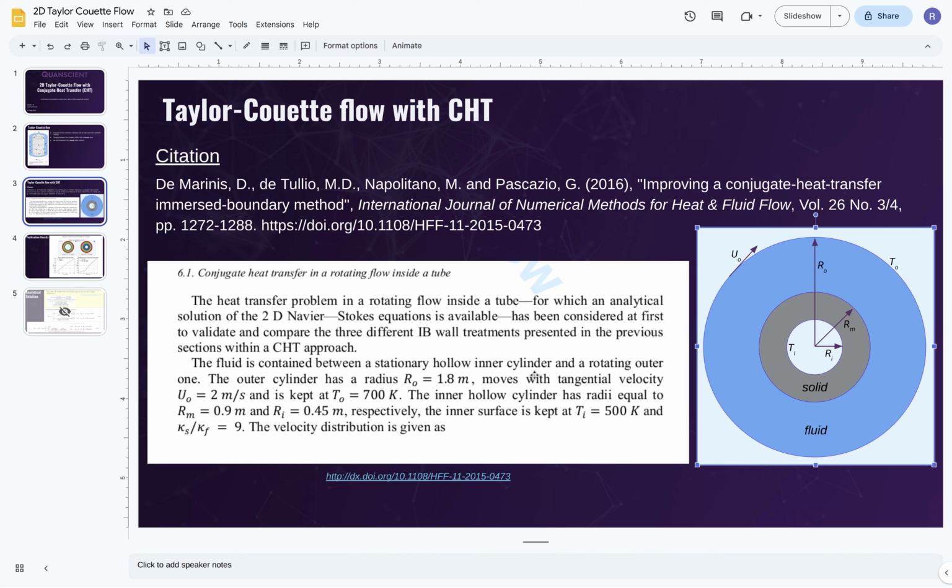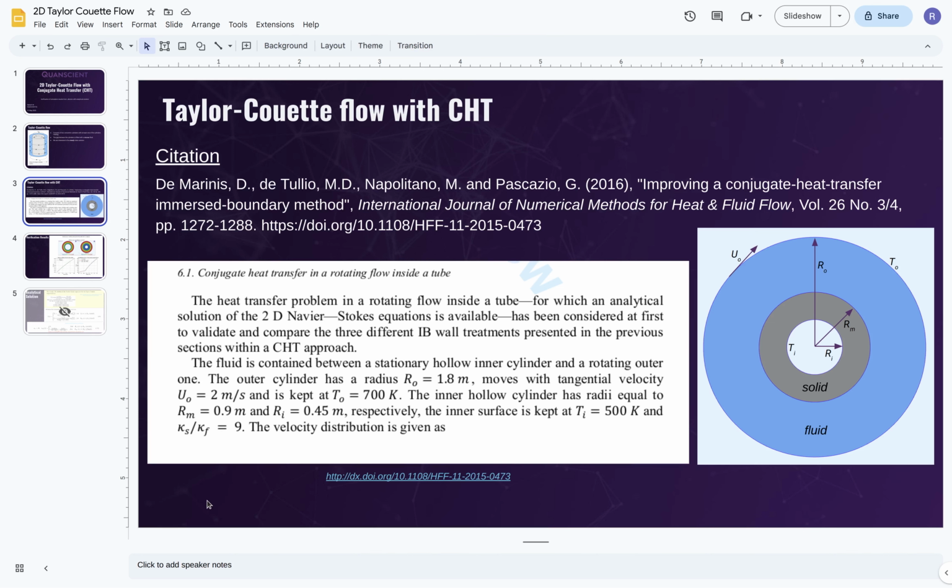It's also given that the outer cylinder moves with a tangential velocity of UO equal to 2 meter per second, and the outer cylinder surface is kept at a temperature of TO equal to 700 Kelvin, while the temperature of the inner cylinder surface is kept at 500 Kelvin. Furthermore, the ratio of heat conductivity between the solid and the fluid material is set to be equal to 9.